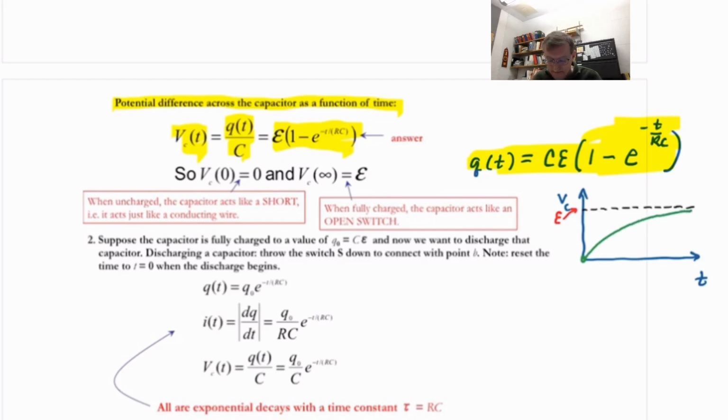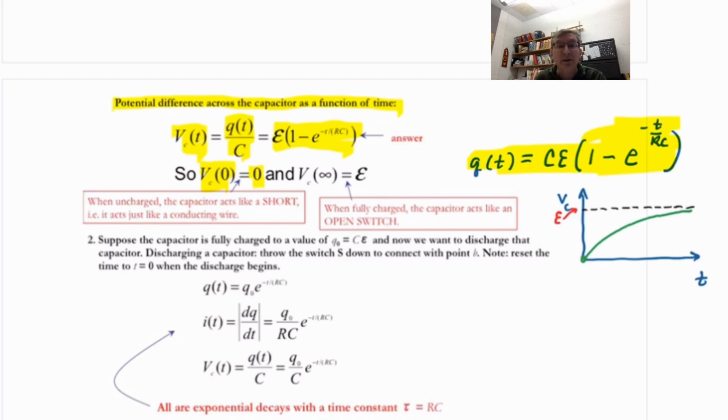Okay? All right, now let's look at this formula for the potential difference across the capacitor in 2 extreme limits. Initially, at time 0, we'll just plug in time 0 into that formula, and like I said, you get 0. So initially, when the capacitor is uncharged, there is no potential drop across it. Well, that's just like a plain old conducting wire would behave.